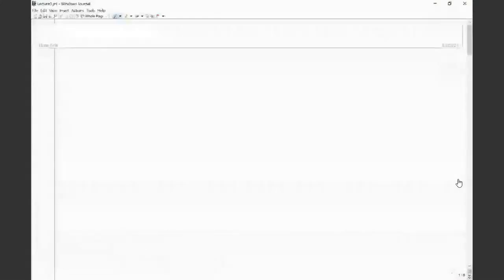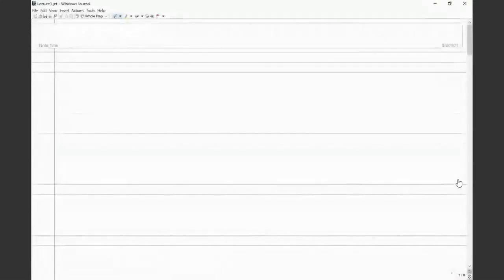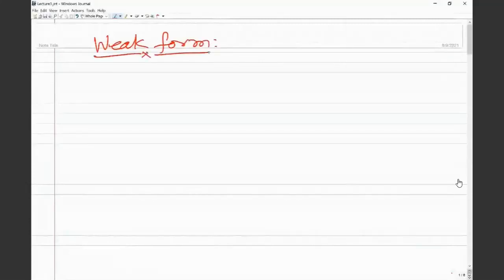Okay. So that's the first topic I'm going to start, that is the weak form. Essentially, when we try to find the approximate analytical solutions of differential equations, we write the weighted residual statement.